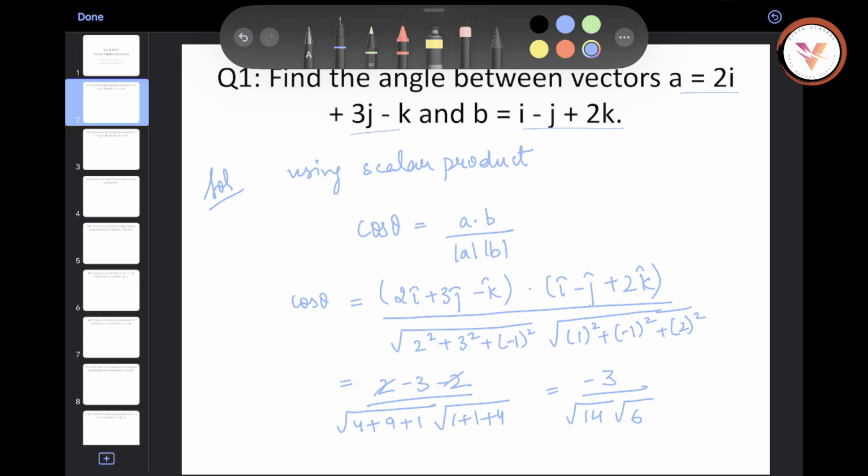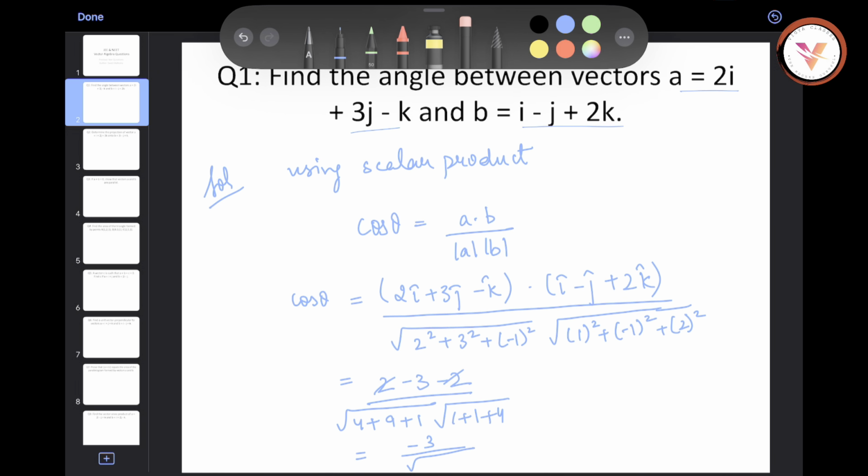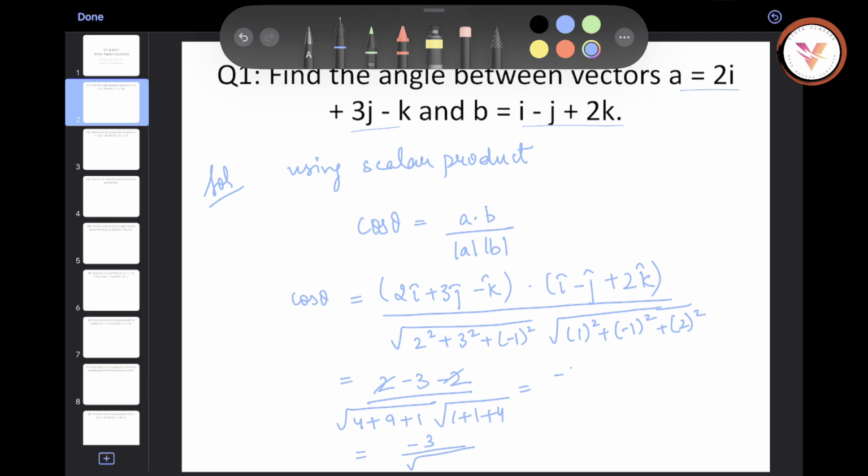Okay. So either you can leave it here or you can solve the denominator by taking it combinedly and factorizing it. So 14 can be written as 2 into 7 and 6 can be written as 2 into 3. So this becomes minus 3 over root 14 and root 6.